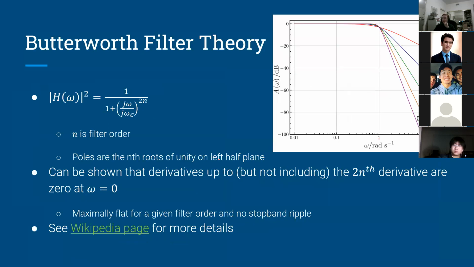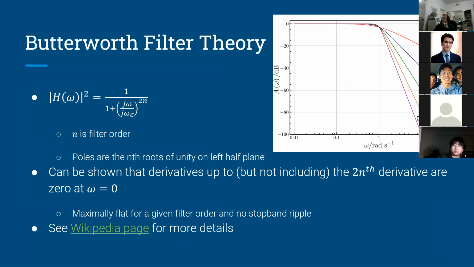Let me talk a little bit about the theory before we get into the implementation. First, for the Butterworth filter, I got this nice visual stolen from Wikipedia, and it shows the filter response for different orders of the filter. You can see for a first order filter, it drops off by 20 dB per decade.